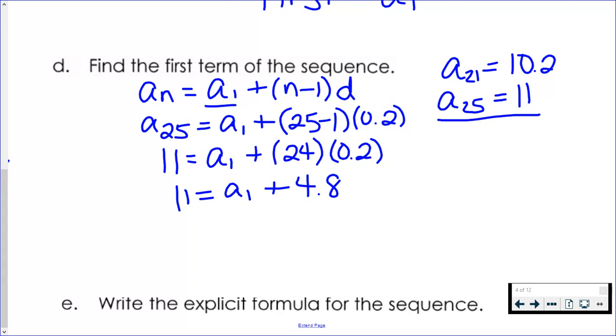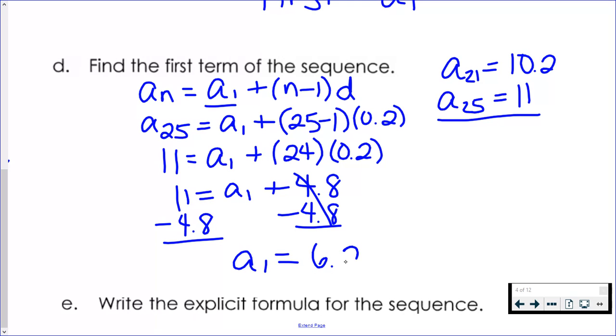So 24 times 0.2 is 4.8. The last thing I need to do is subtract that to the other side. So we get that the first term is 6.2.